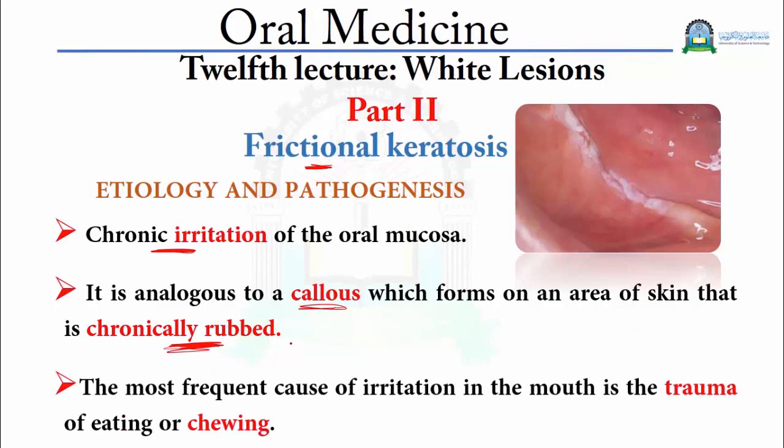So if any area is exposed to chronic irritation or friction, a callus will be formed. In the oral mucosa, keratosis will result. The most frequent cause of irritation in the mouth is trauma and chewing.